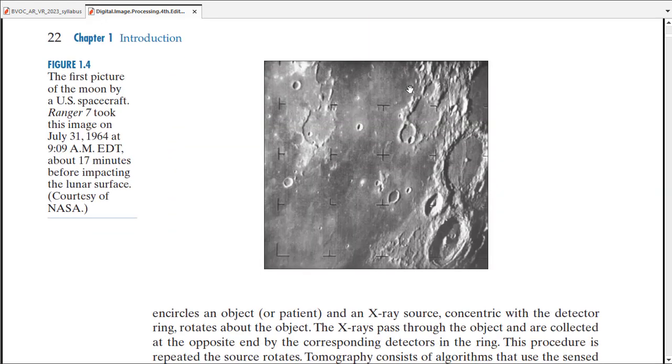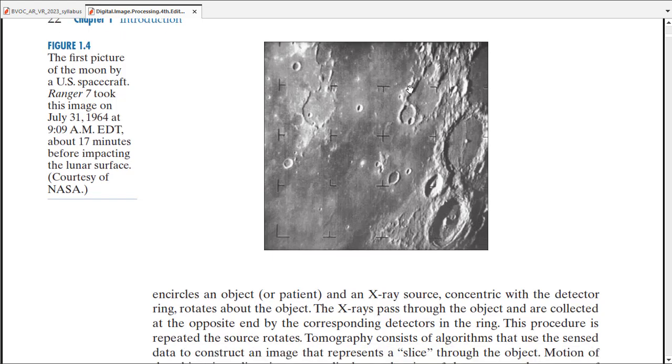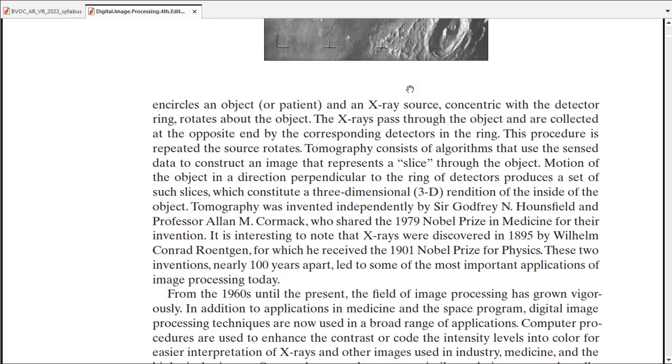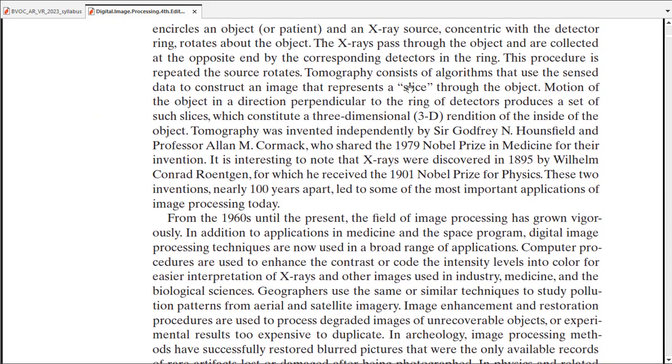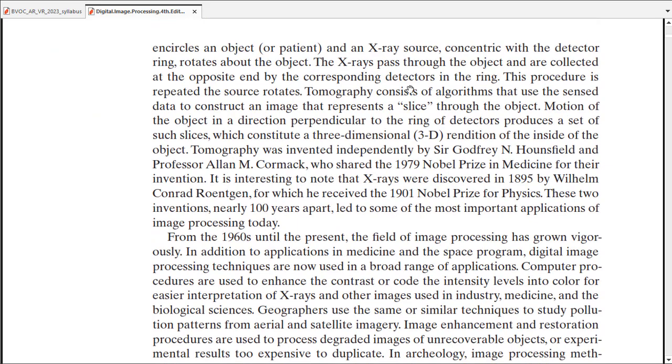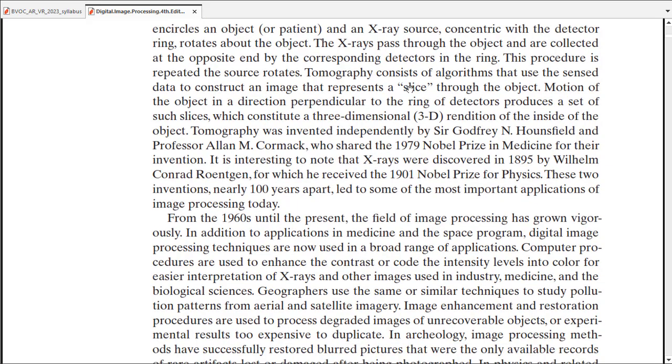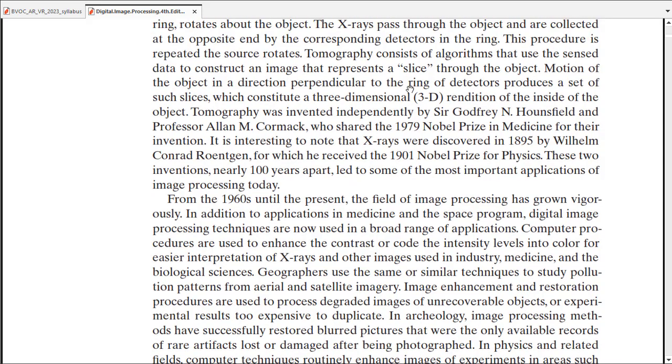The first picture of the moon by a US spacecraft, Ranger 7, was taken on July 31st in the year 1964. Many medical diagnosis imaging modalities such as X-ray sources were also developed here.